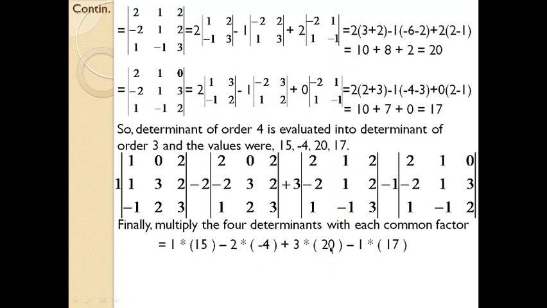So 3 into 20 minus 1 into 17. See, you have done the same computation. So by solving that, you will get 65. So the value of that particular determinant of the order 4 is 65.